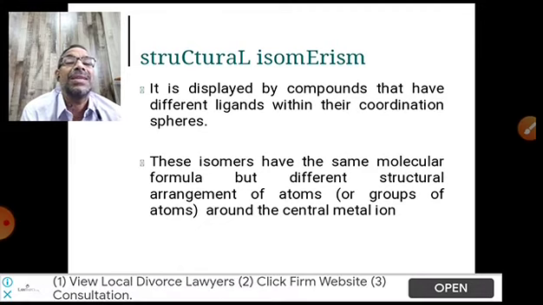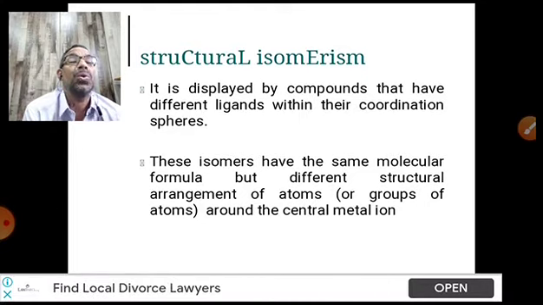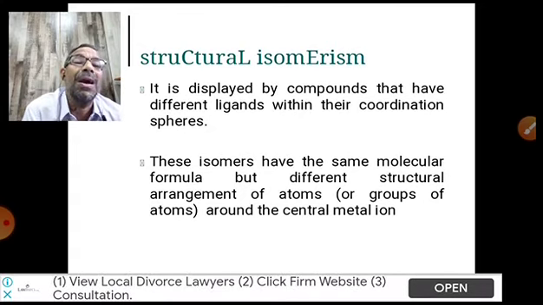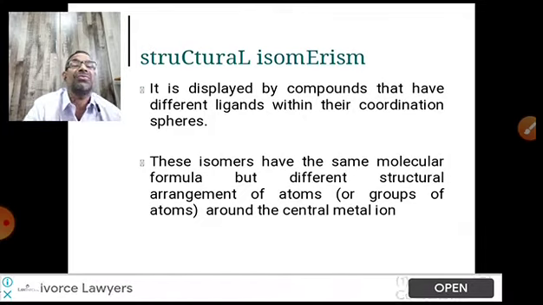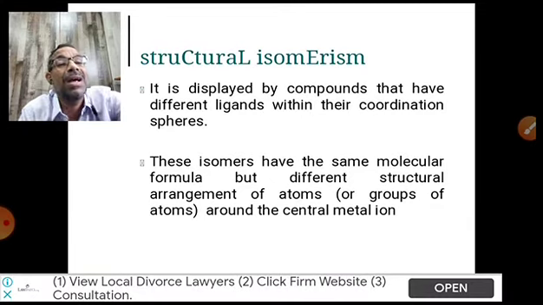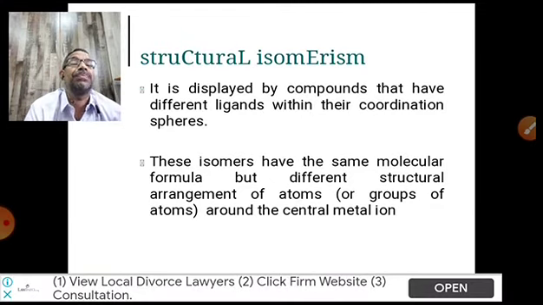That's why this is called structural isomerism, and those are called structural isomers. These isomers have the same molecular formula but a different structural arrangement of atoms or groups of atoms around the central metal atom. This is the definition of structural isomers and structural isomerism.